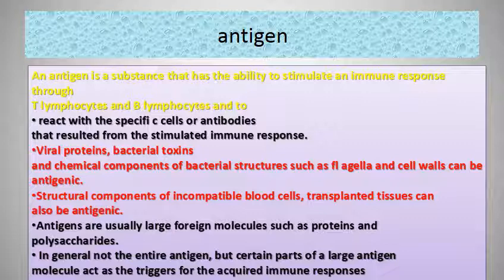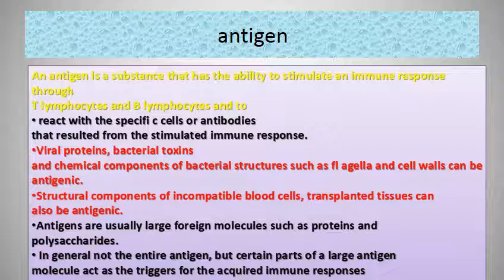So, when they are given a wrong transfusion, these act as antigens. These are examples of antigens.